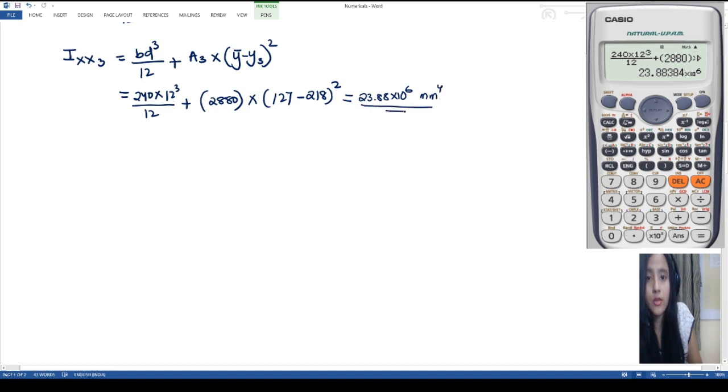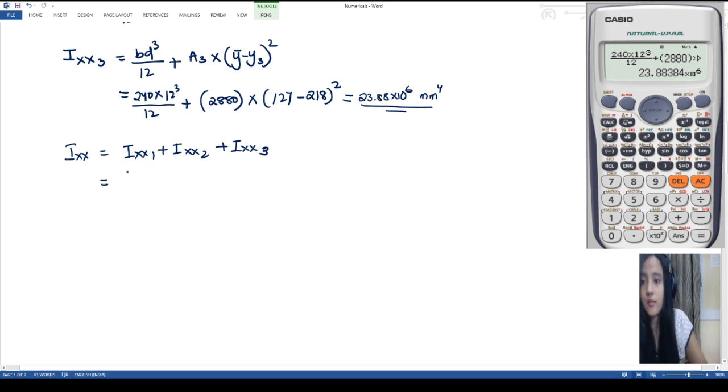So my total moment of inertia about the Ixx axis will be equal to Ixx1 plus Ixx2 plus Ixx3.